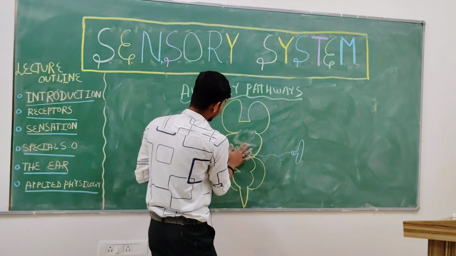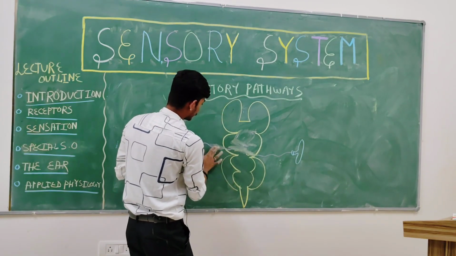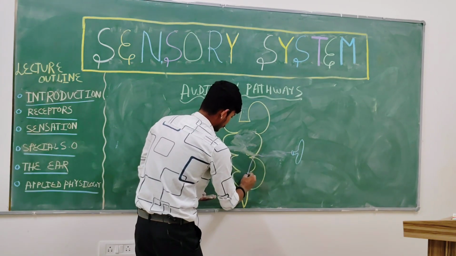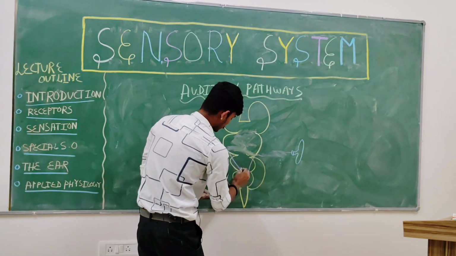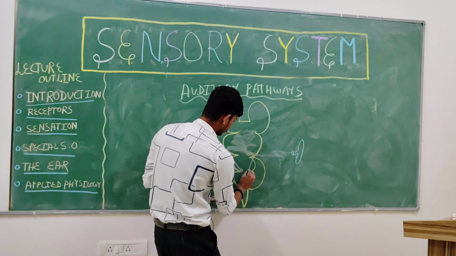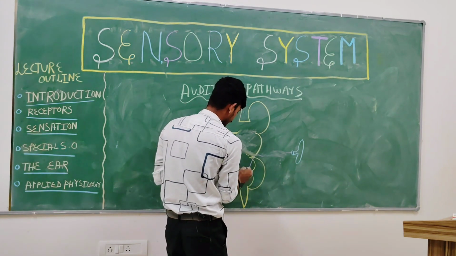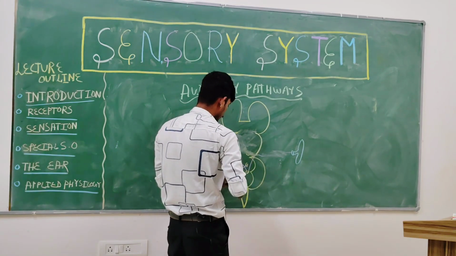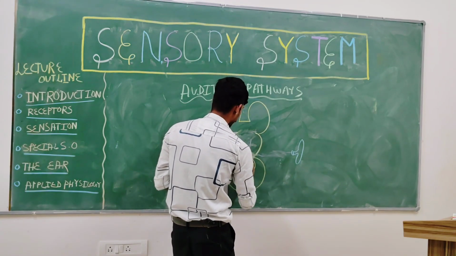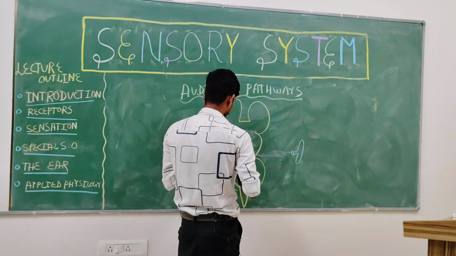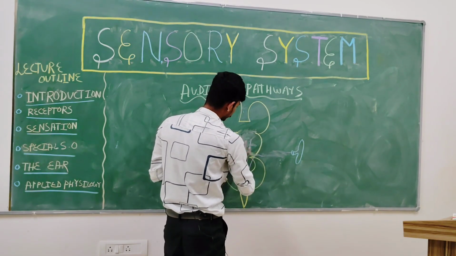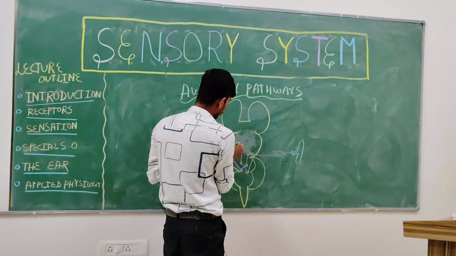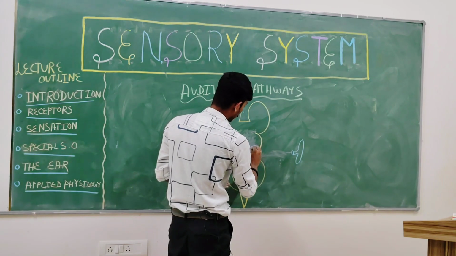It's a diagram I have to draw a bit longer. This auditory nerve comes, they make the cross section, then the ascending pathways go to the temporal lobe.